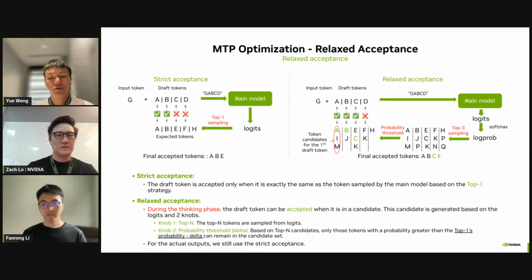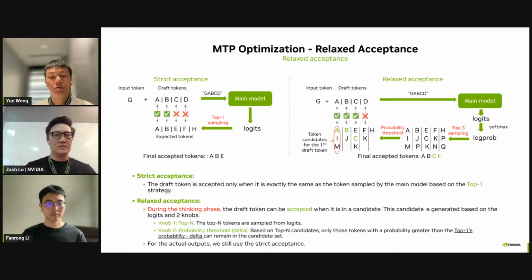Now we have two knobs for the relaxed acceptance. The first one is the top M, which determines how many tokens we sample from the logits generated by the main model. The reason for this knob is that the semantics of the top M tokens are usually close, and they may all be suitable as the next token. The other knob is the probability threshold, delta.